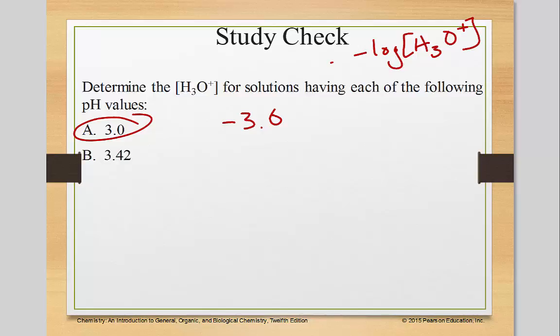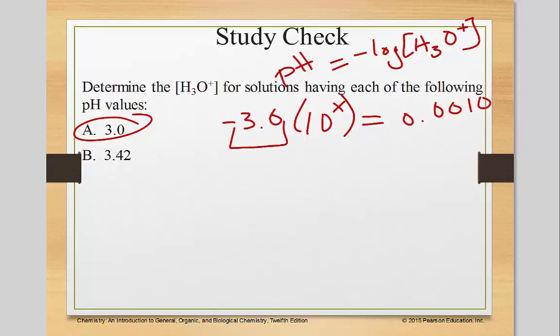So the first thing you want to do is make that negative. And then you're going to do 10 to the x. Push that button. And it will come out to be 0.0010. Chances are I won't see that 0 at the very end, but you know you need it because of the significant figures.